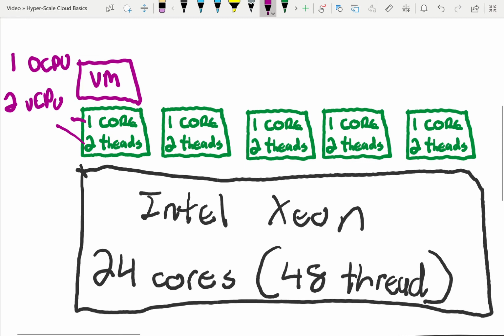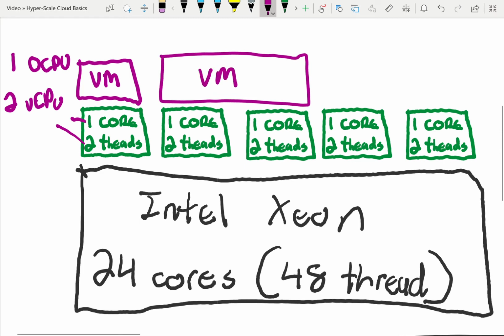If we created a different shape, let's say we have a VM that's utilizing two cores, that VM is now going to be using two OCPUs or 4 vCPUs.